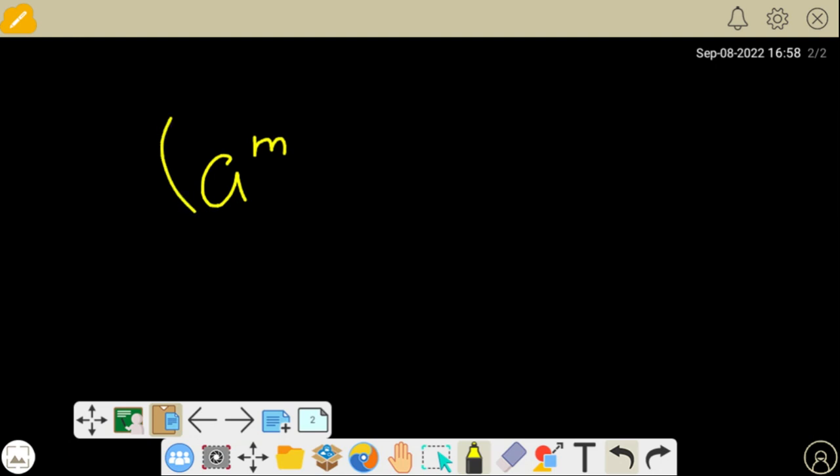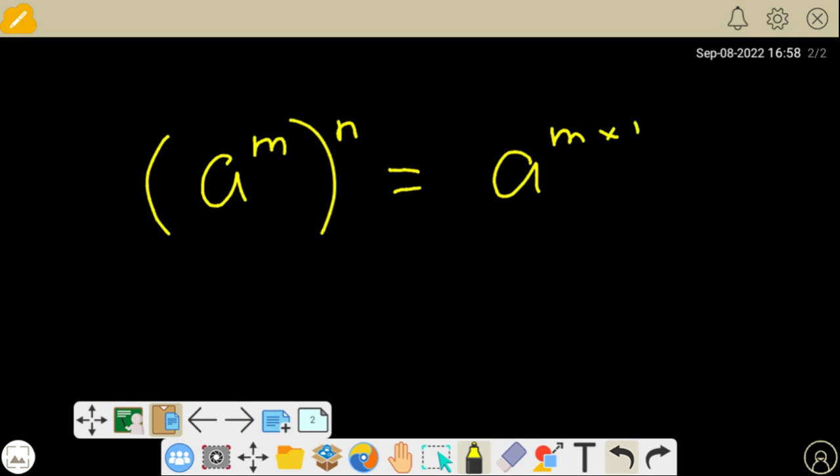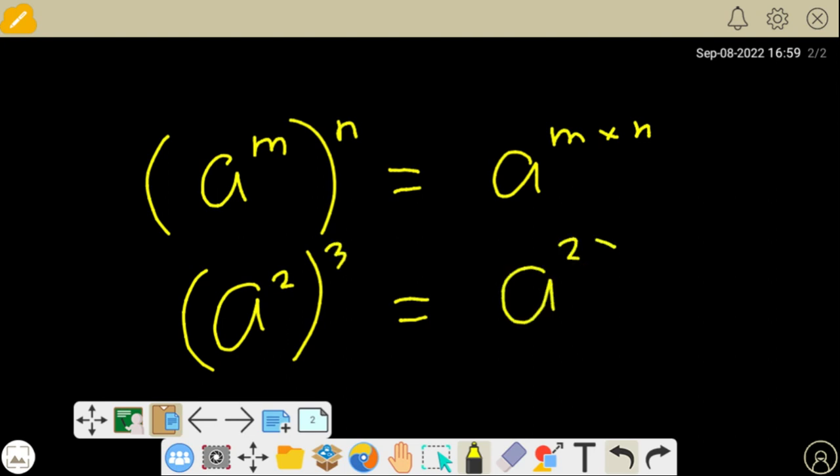So if a raised to m is raised to n, this will be equal to a raised to m times n. That means if we have a squared raised to 3, we have 2 times 3. That means a raised to 6. That is the answer.